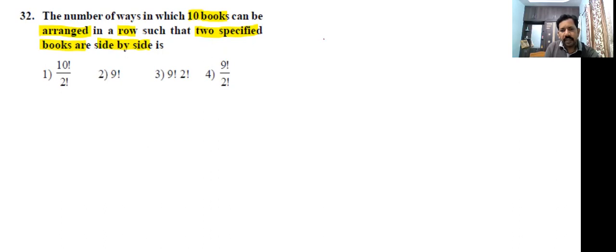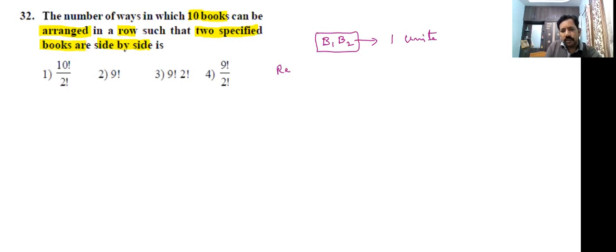I am taking them as book 1, book 2. These two are treated as one unit because we want to arrange these 2 books side by side. So that means these two books are together. So B1, B2 we are treating as one unit.